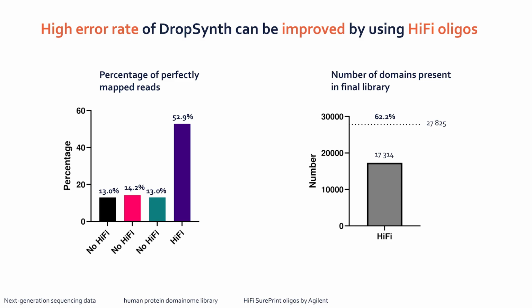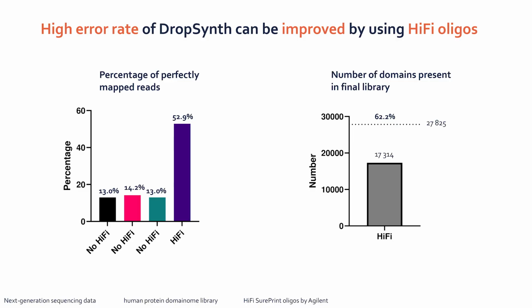And then finally, so this is all still on the human protein domain. Finally we looked into how many of these 27,000 sequences that we wanted to construct we had actually constructed. And we had about 17,000 in our library. So this means that we had a success rate of about 62%, which is quite nice.